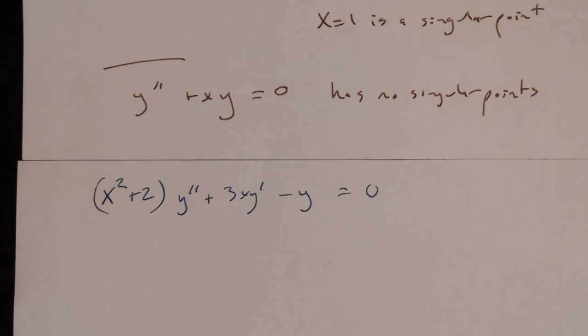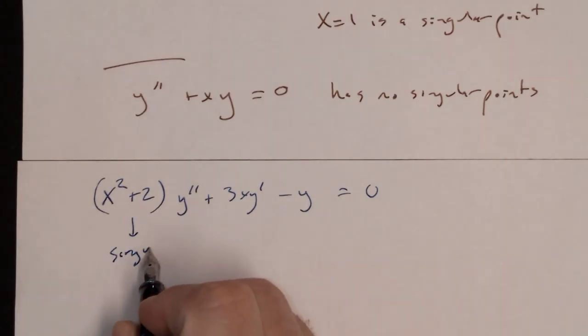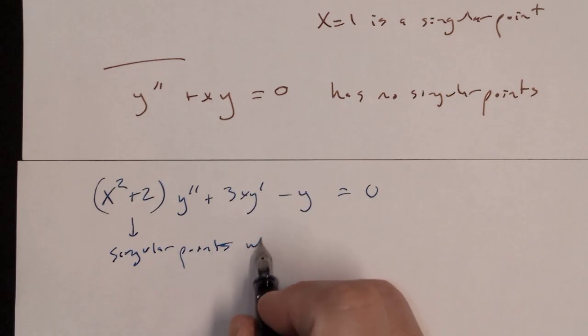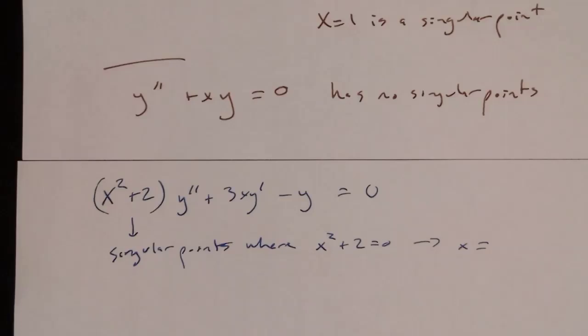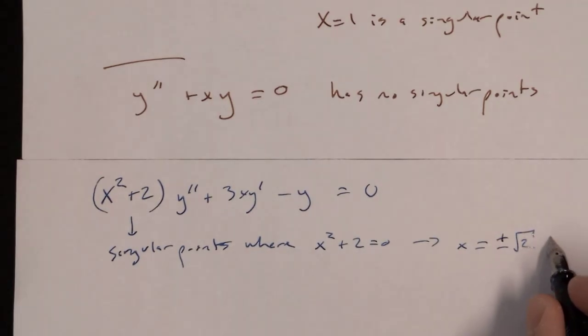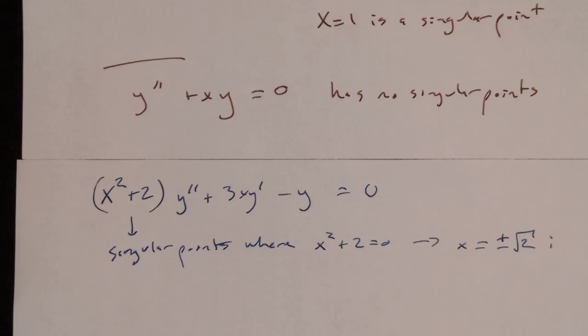Where is that equal to 0? Exactly. It is important that I know where my singular points are, even if they are complex.